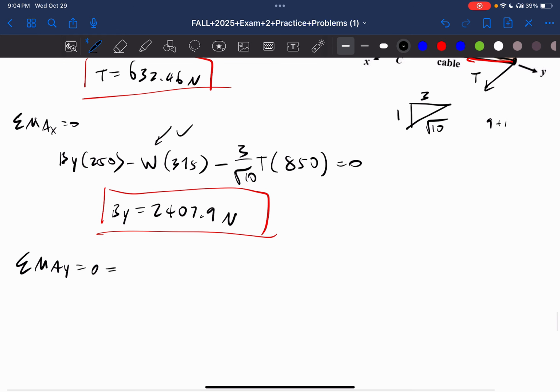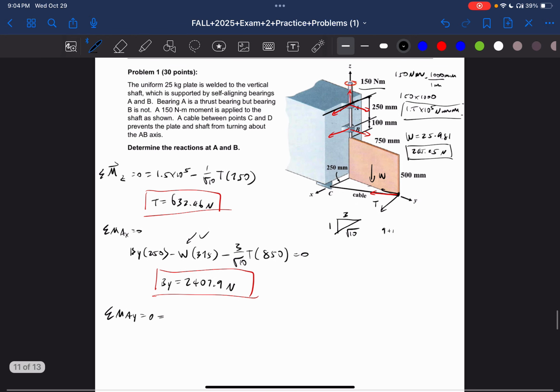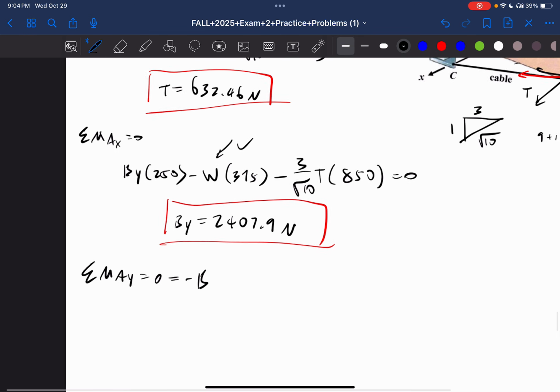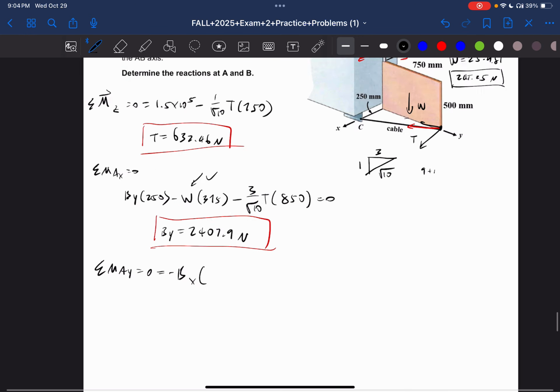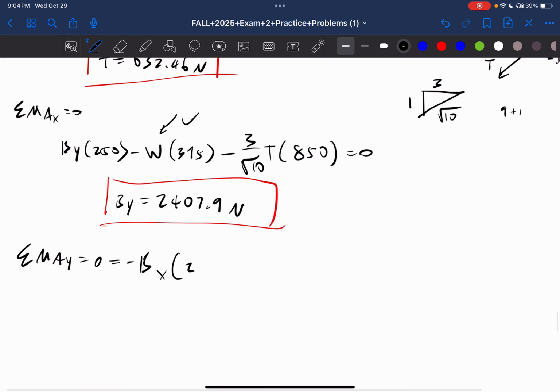So the Bx, wait, is that Bx? That's By. We're going to have this, which is the Bx, which is in the negative direction, so negative Bx times the moment arm, which is 250.